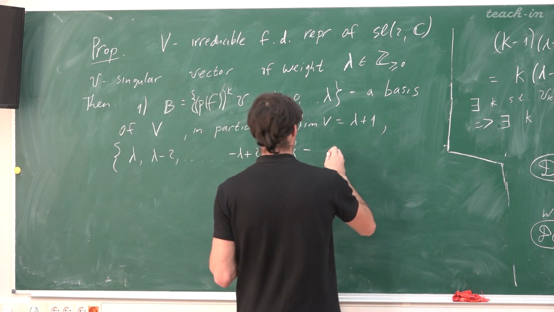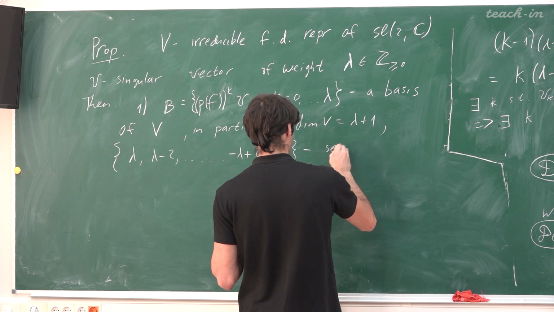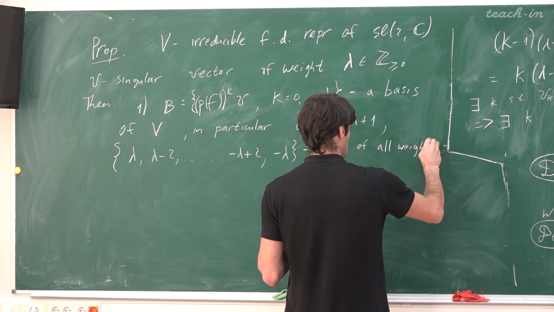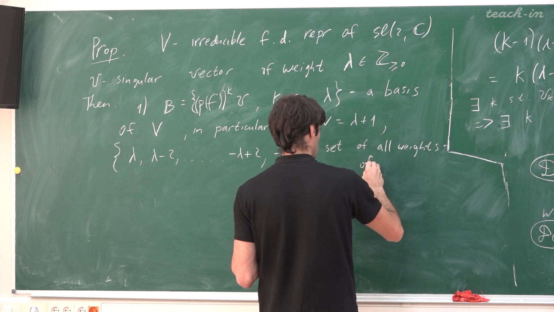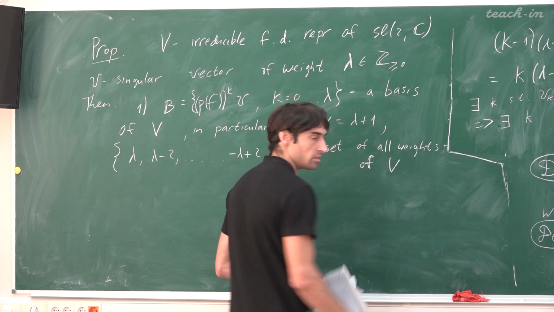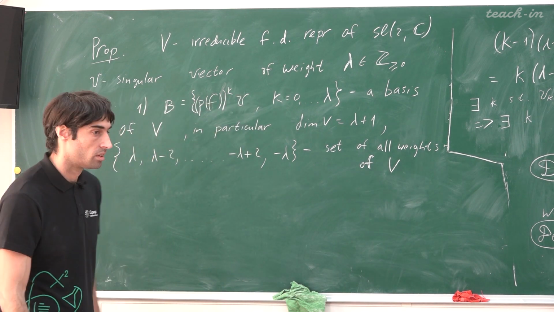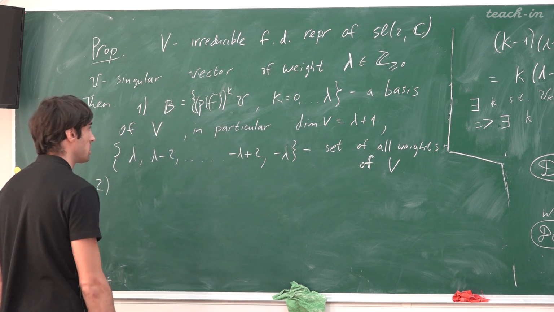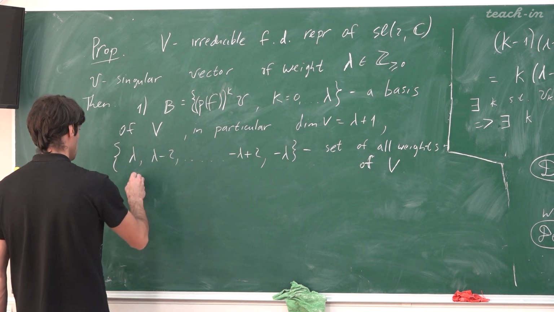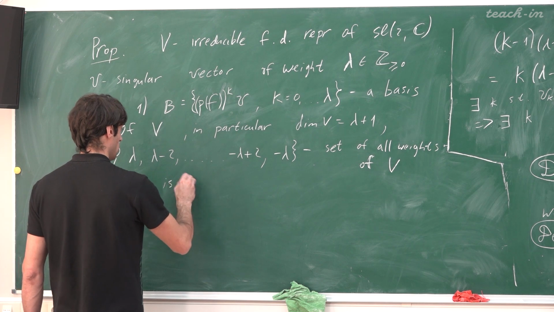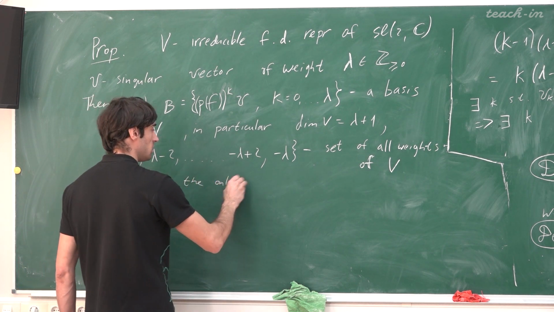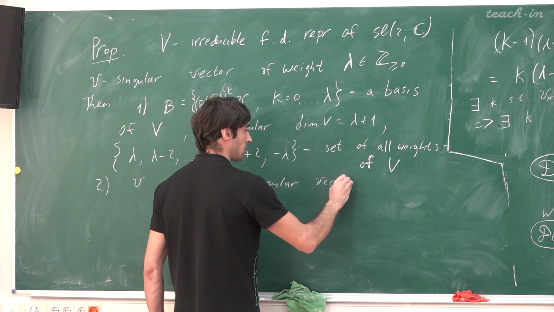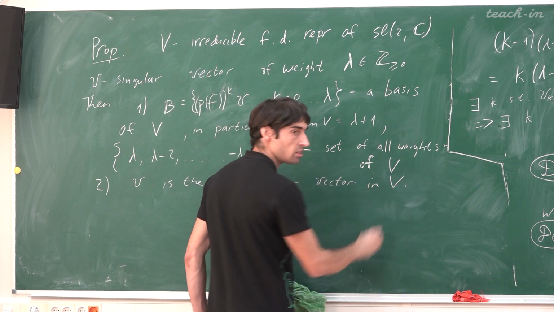These are the set of all weights of V. And two, we can prove that v is the only singular vector in V.